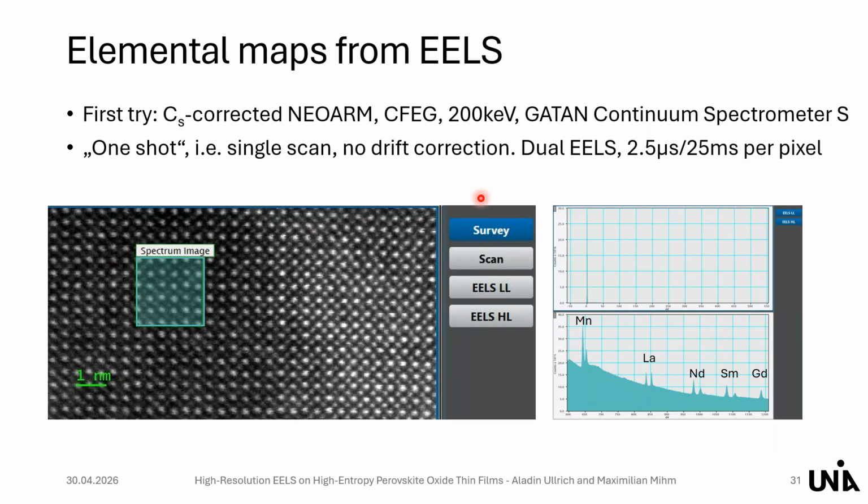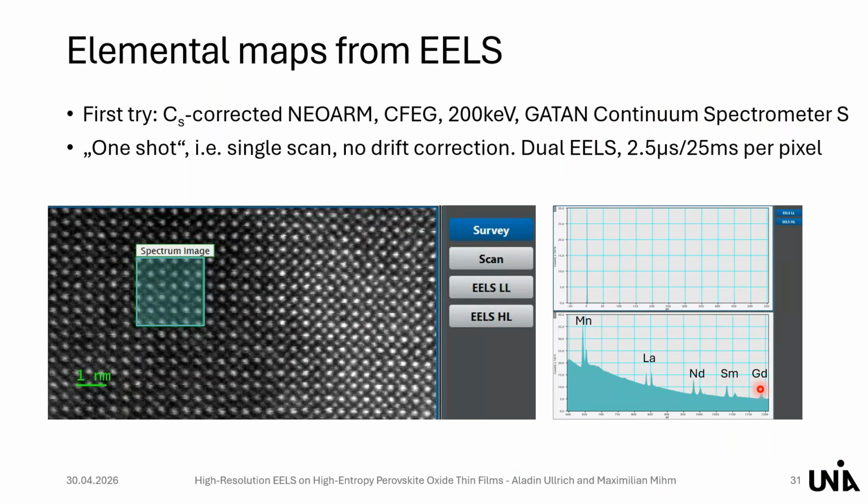So on the left side, you see the dark field image and the region where we performed our mapping. On the right side, you see the sum spectra, so summed up over the full region. And as expected, we have the zero loss and a very low plasmon peak here. And in the high loss region, we see the manganese signal, so the manganese L lines from the host lattice and some rare earth metals: lanthanum, neodymium, samarium, and gadolinium.